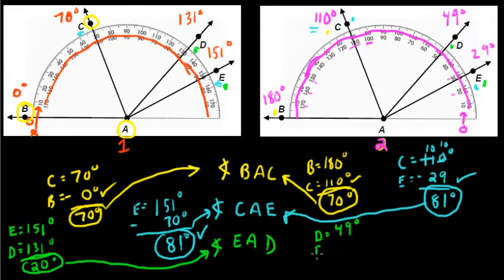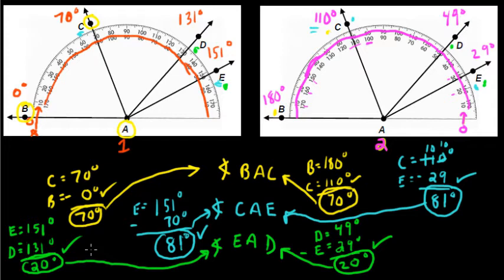And E equals 29 degrees. Alright, and 49 take away 29 is 20 degrees. Same answer. Alright, so that's the same as this. So there are two different ways to find the same answer. Hopefully this clarifies any misconceptions or confusion that you have.